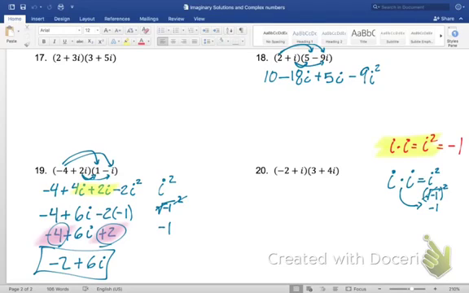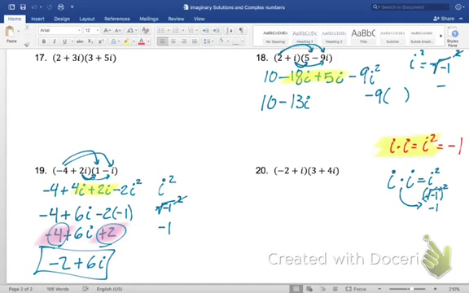I'm going to change all of this, and I'm going to write 10 minus, I'm going to combine these two things because they are like terms, and this is negative 13i. And then I'm going to do negative 9, and let me do this just one last time. i squared is the same thing as the negative square root of negative 1 squared.